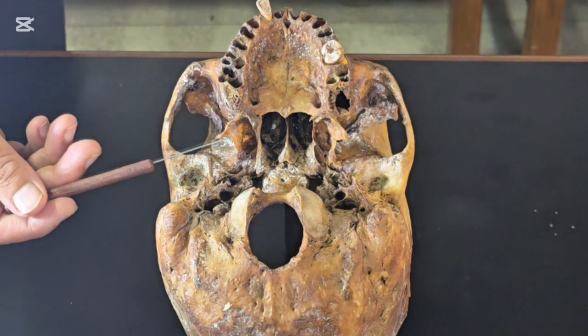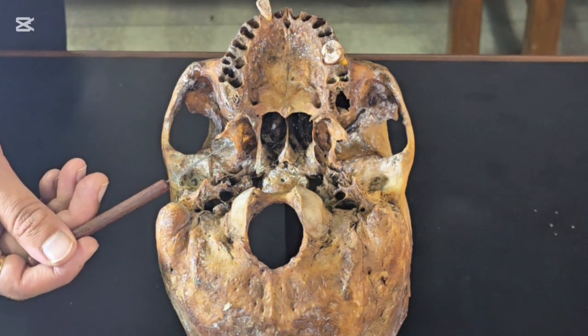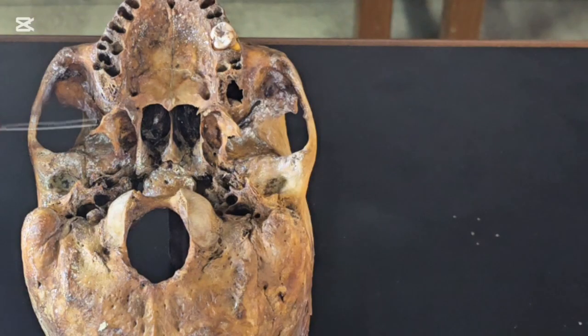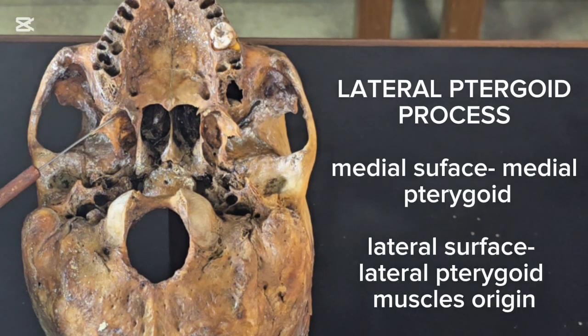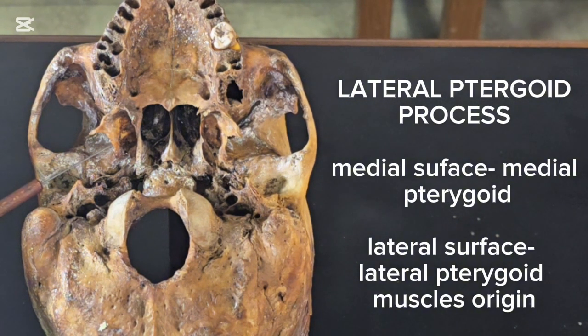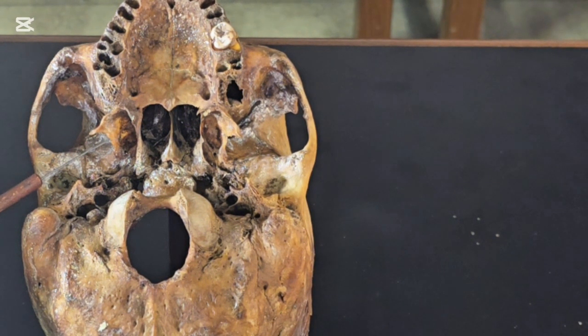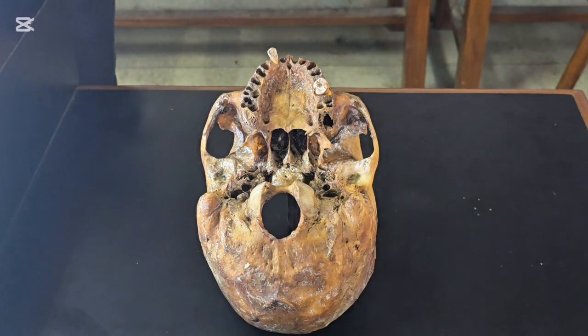It forms the medial wall of the infratemporal fossa. Lateral pterygoid plate acts as a site of origin of a couple of muscles of mastication. The medial surface gives origin to deep head of medial pterygoid, whereas the lateral surface gives origin to lower head of lateral pterygoid. Lateral pterygoid is the only depressor of temporomandibular joint.